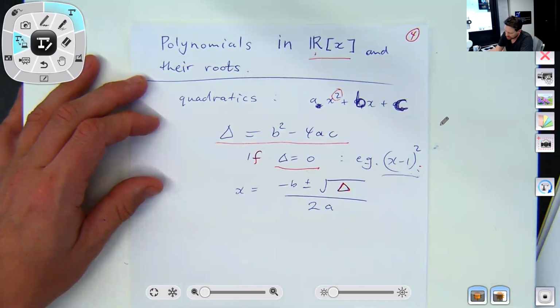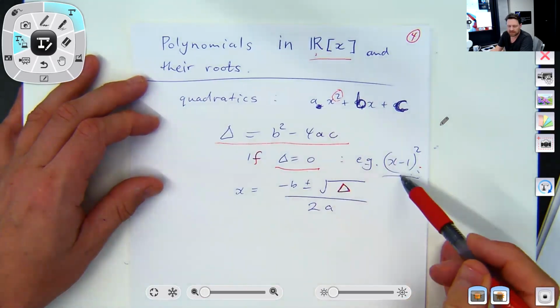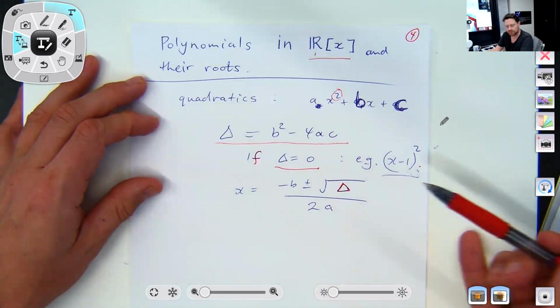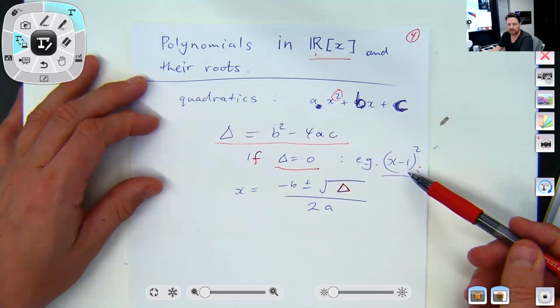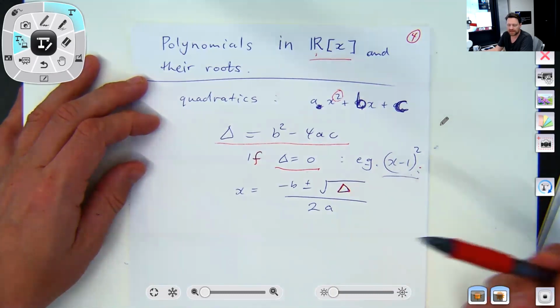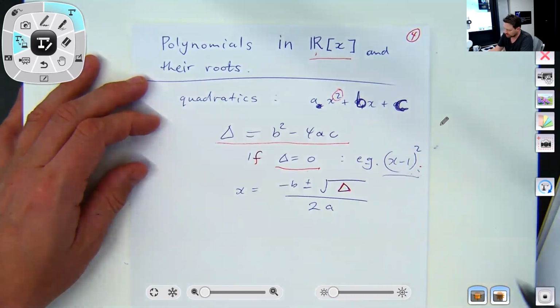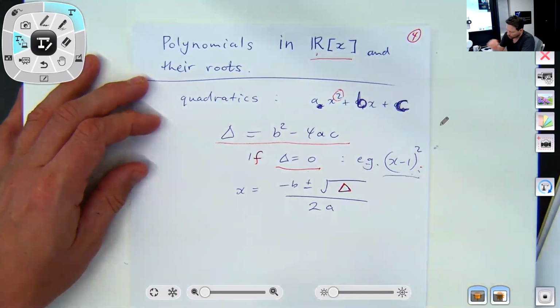Okay, so for example, this one, x minus 1 all squared, has two complex roots because the root 1 is a real root, but the real numbers form a subset of the complex numbers. And so we have the number 1 repeated, and so we have two complex roots, 1 and 1.